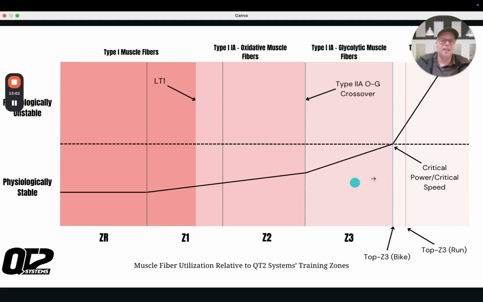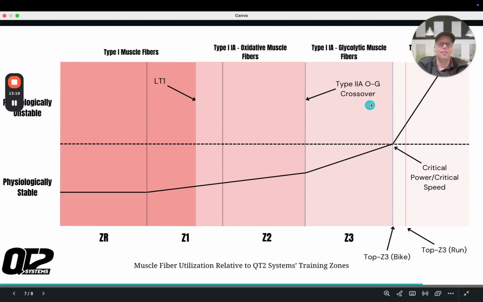And then we go into zone 3, which is between 89 and 100% of critical power, or 95 to 105% of critical speed. And that is all of the aerobic systems at full bore.